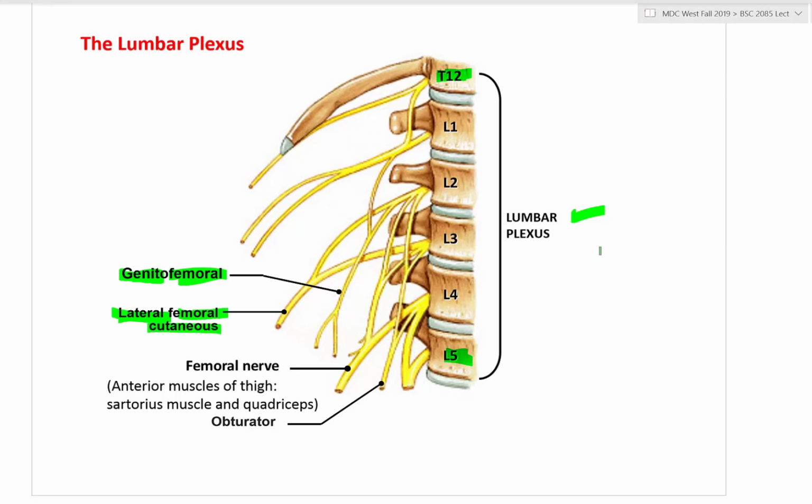It goes to the femur, right? But not genital, it goes laterally on the outside part. And then mainly, these are the main ones. You have your femoral nerve. This is pure femur, right? So this is the anterior muscle of your thigh, which is your quadriceps femoris. And you have your obturator nerve, which is the one that allows you to obturate, right? Close your legs.